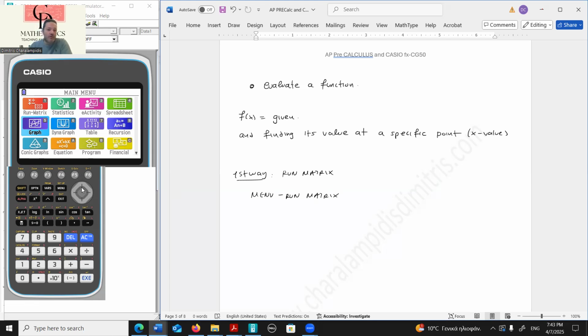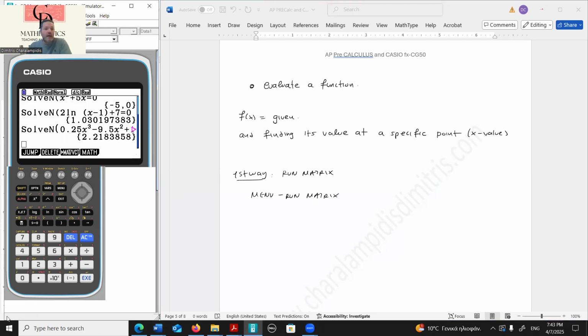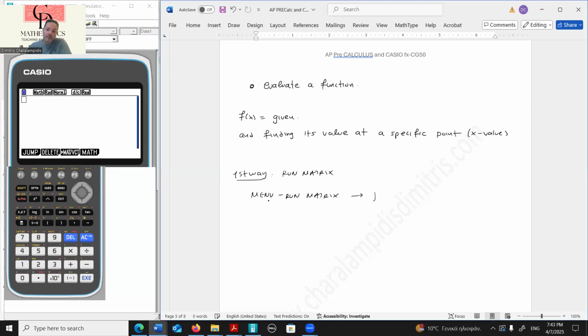So we go to the top left corner and do the needed operations. For example, if f of x is 3x squared plus 2x and I need to calculate f of 2, I plug in 2 instead of x.